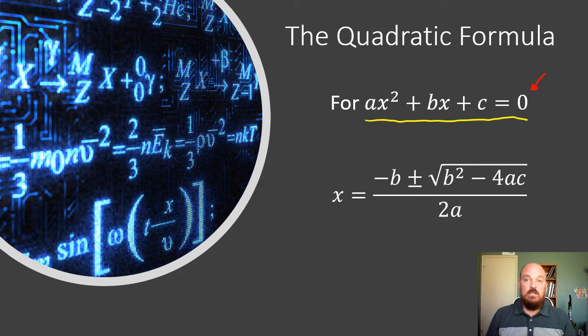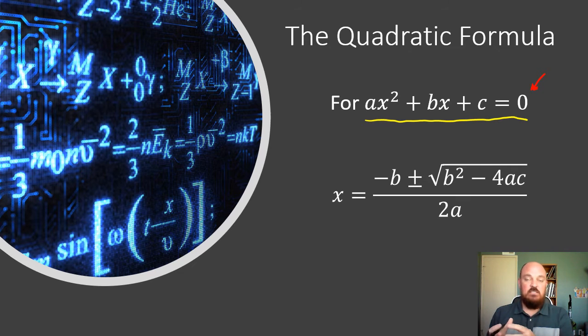Now here's the quadratic formula. You have x equals, and the formula says negative b. A good way to think about this, usually when you learn the quadratic formula, instead of negative b, you say the opposite of b. Because when you have negative b, we don't know what b is.